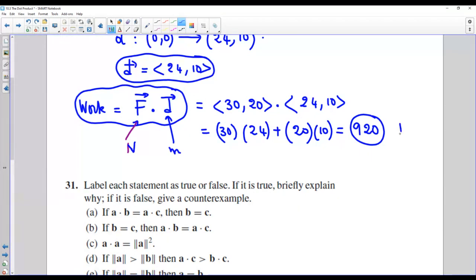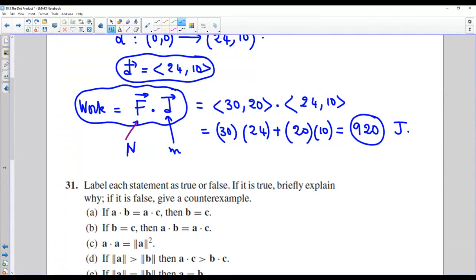Then what you will get here is joules, but here the units are a bit odd. A newton times a meter is the joule. Okay, are we okay with this? Okay.